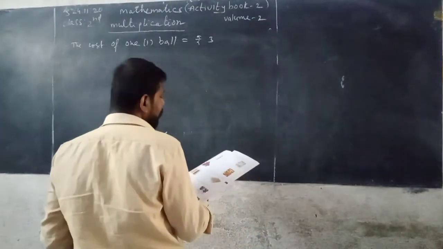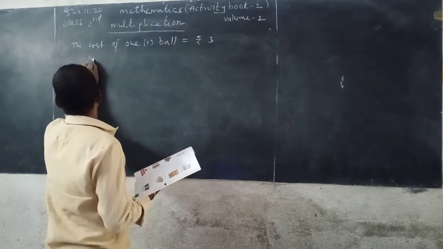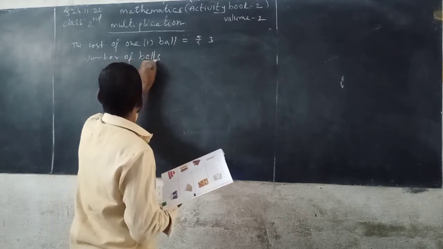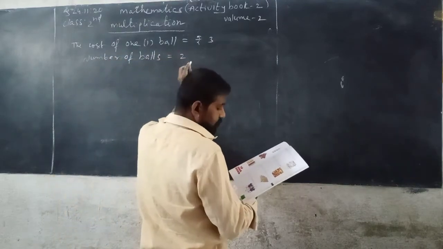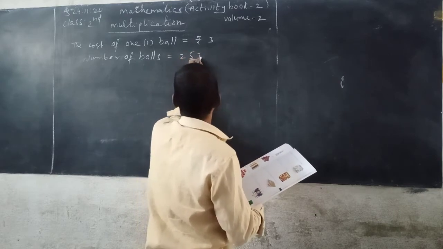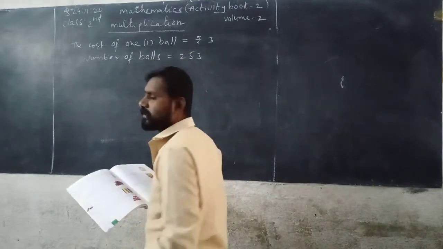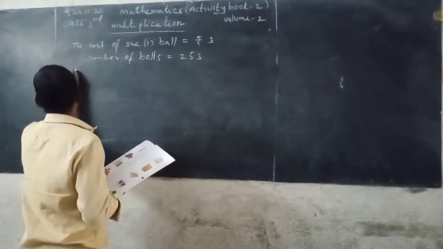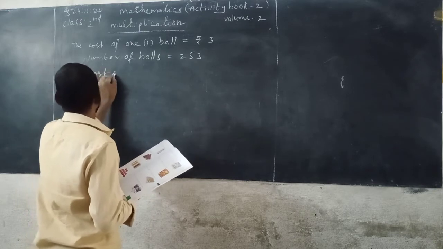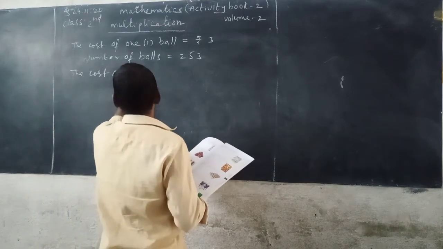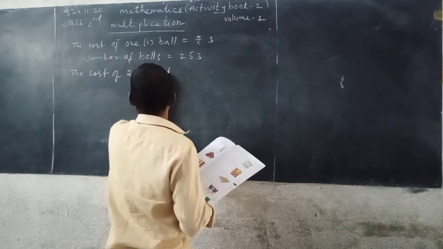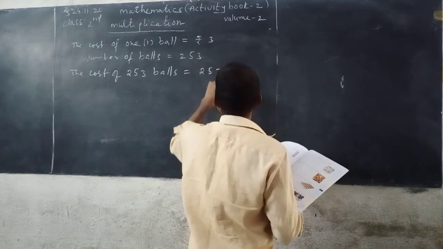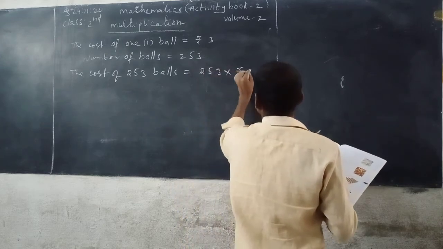Number of balls, how many? 253. Number of balls is equal to 253. So you can find out the cost of 253 balls. Then the cost of 253 balls is equal to 253 into 3, beta.